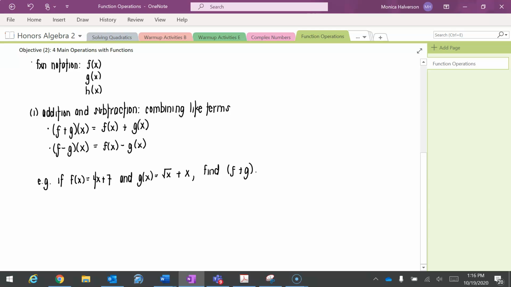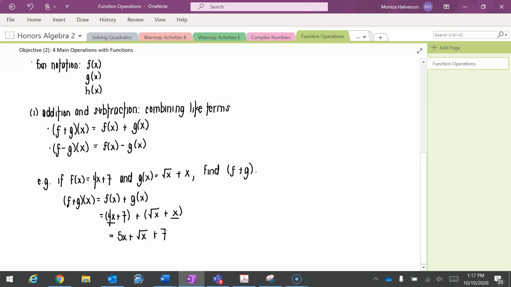So all we know this means is that f plus g of x is equal to the two functions being added together. So f of x equals 4x plus 7. G of x equals the square root of x plus x. We're just substituting in these values. And now we're going to combine like terms. The only like terms are 4x and x. So it becomes 5x plus the square root of x plus 7.